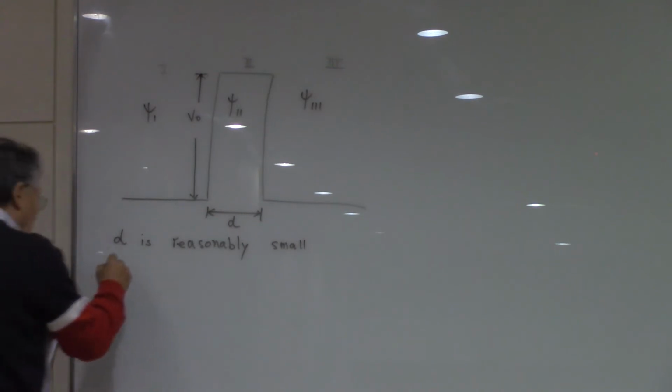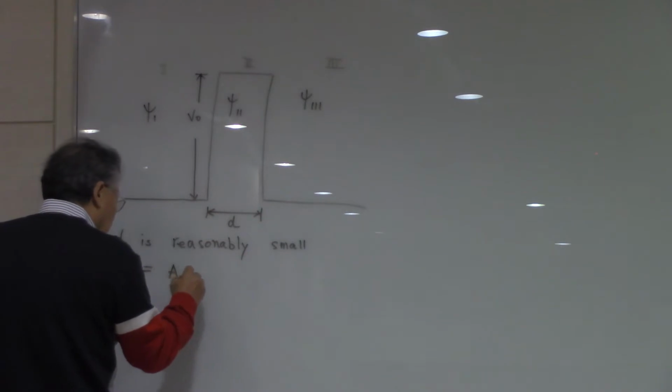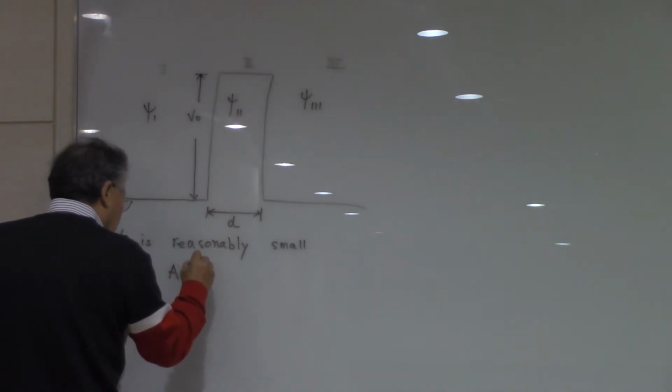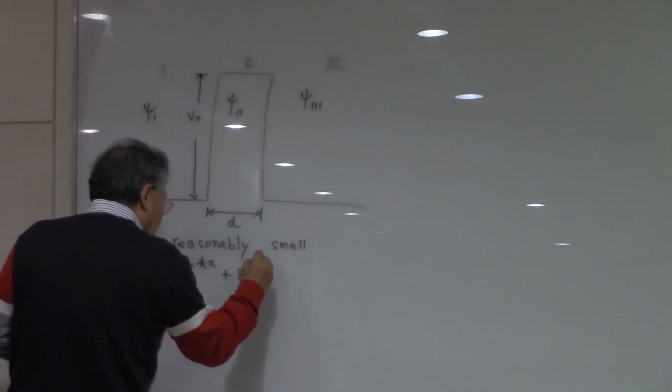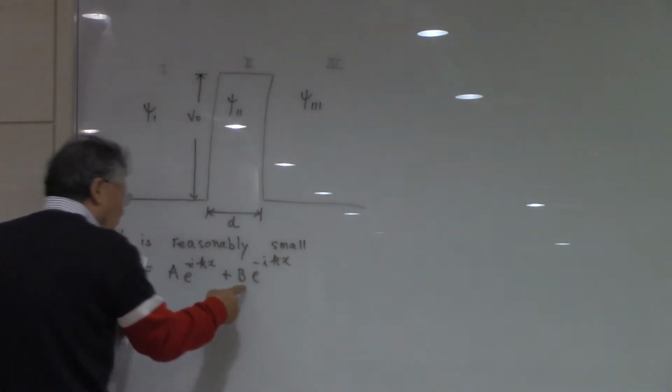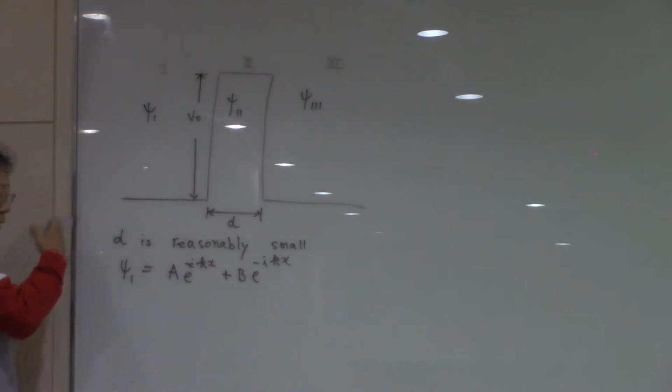then psi 1 is going to be A e to the i kx plus B e to the minus i kx. The minus direction means it's reflected.